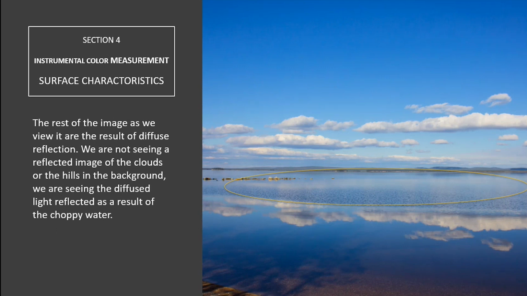The water in the background is choppy and textured, so we don't see those nice reflected images of the clouds. What we see is just a diffuse version of that. So we have specular reflection, smooth up front, and diffuse reflection of light from the choppy water in the back.